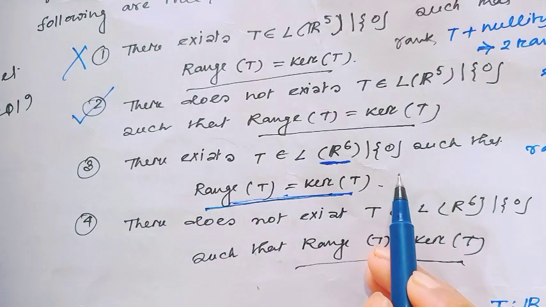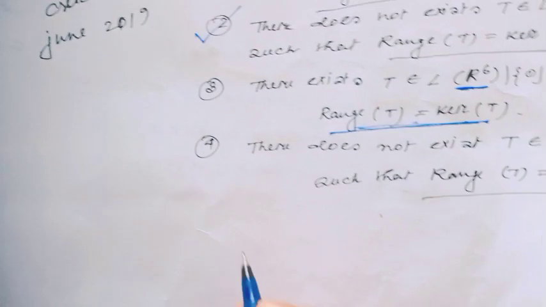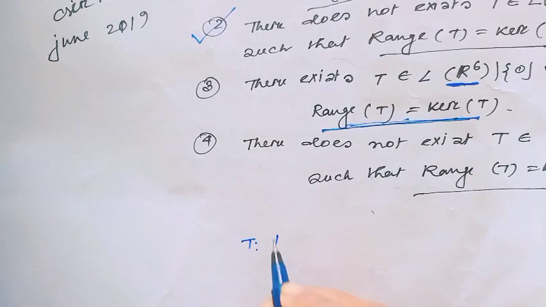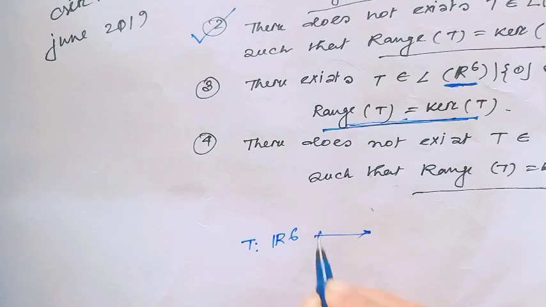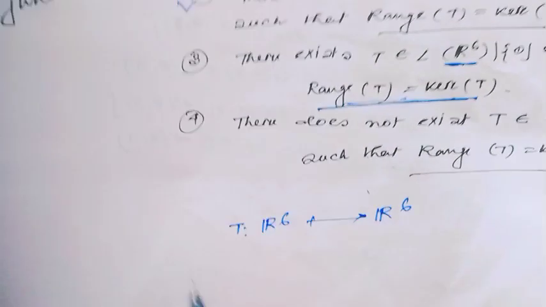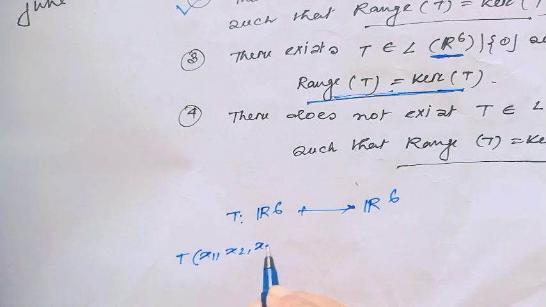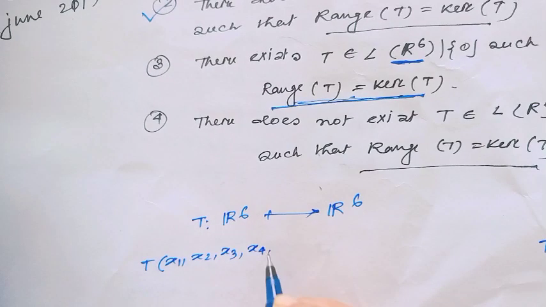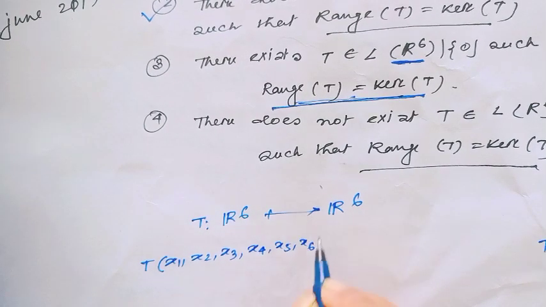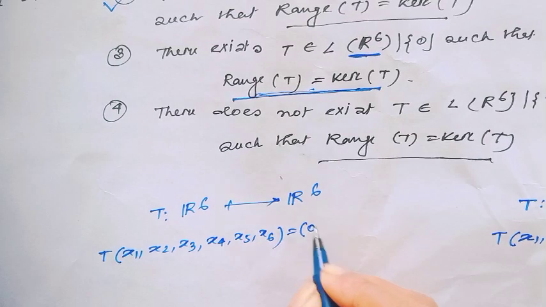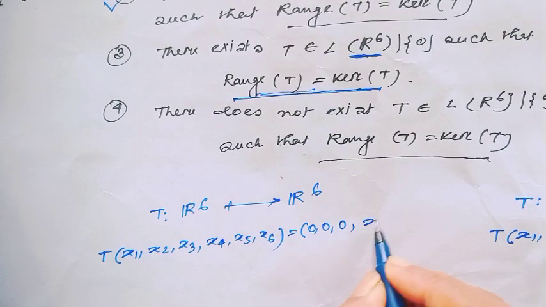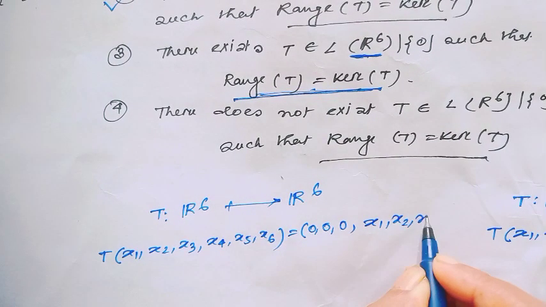How will this mapping be? Consider a linear transformation T from R6 to R6 such that T of (x1, x2, x3, x4, x5, x6) equals (0, 0, 0, x1, x2, x3).